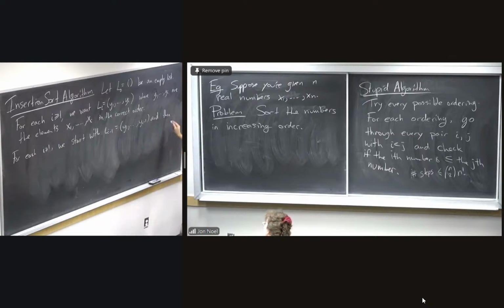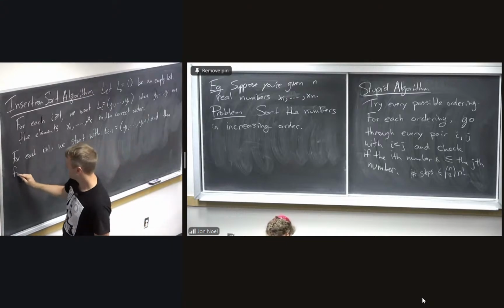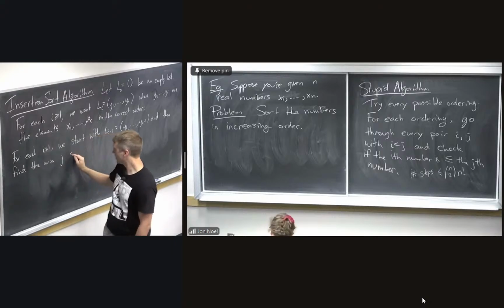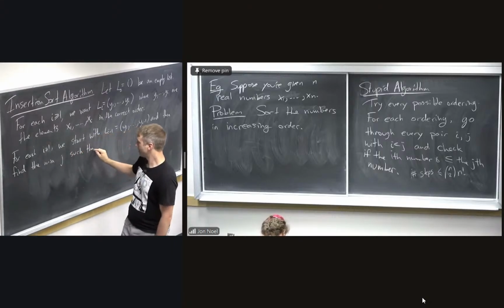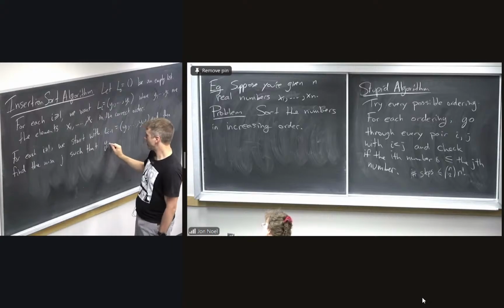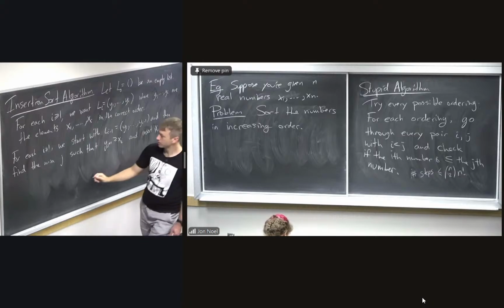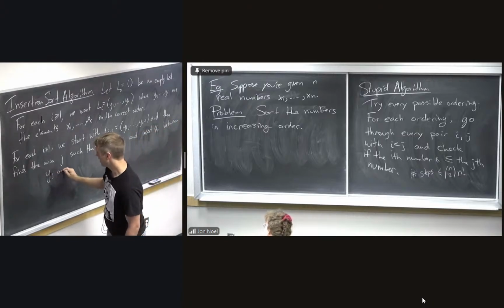And then find the minimum j such that yj plus 1 is at least as big as xi, and insert, which is probably why this is called insertion sort, xi between yj and yj plus 1.